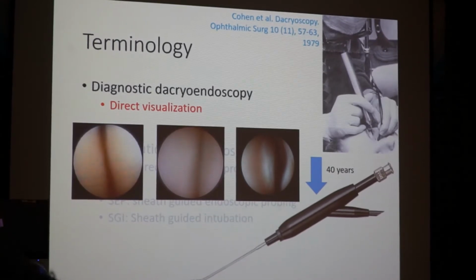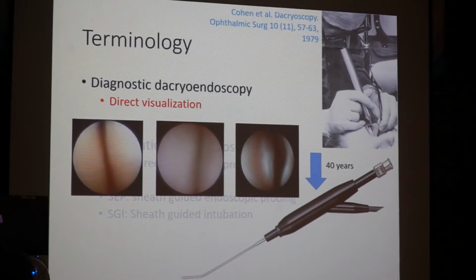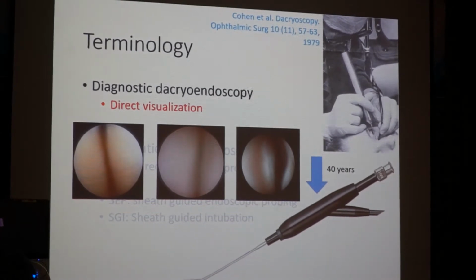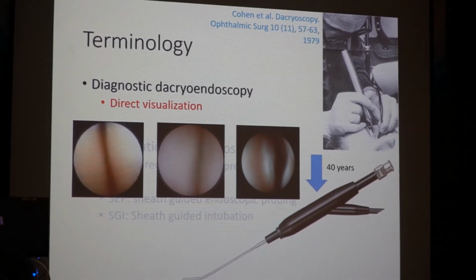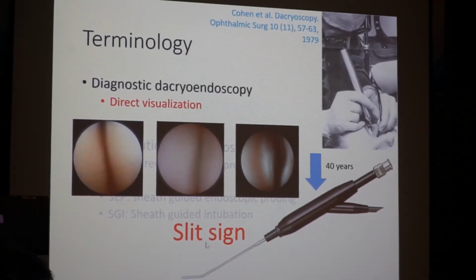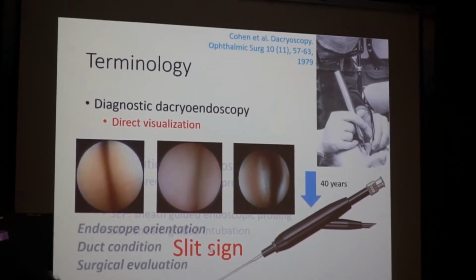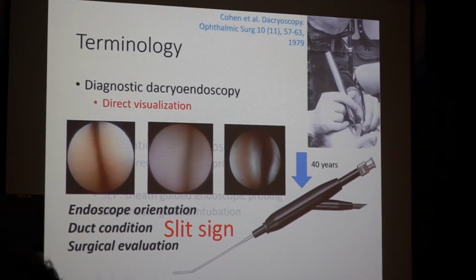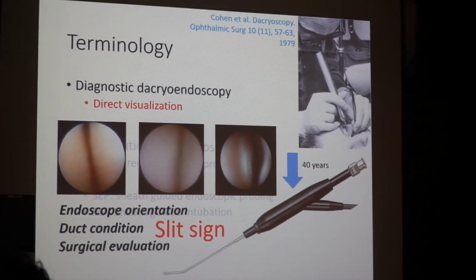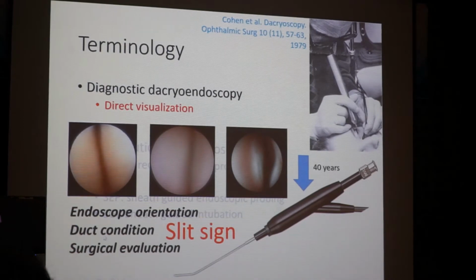Basically, this finding can be seen only in the lacrimal sac with no stenosis in the duct. We call this sign the slit sign. So the slit sign gives us very useful, clinically useful information about endoscope orientation and duct condition.